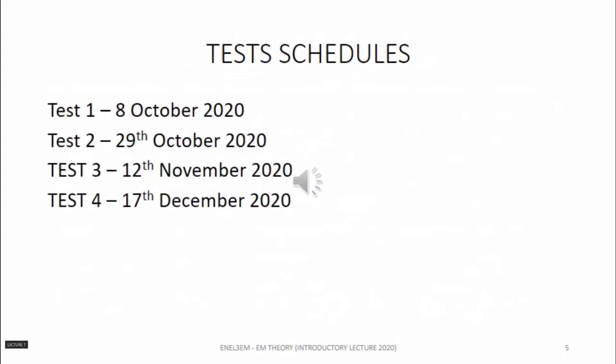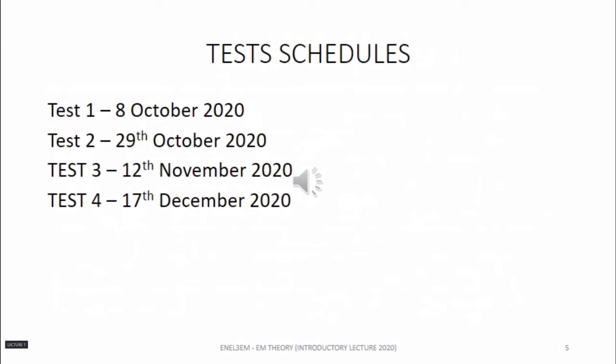As already perhaps alluded to, this being a different course because courses will be offered online, we will have tests largely and practicals, and therefore we have 4 tests scheduled on the dates given.